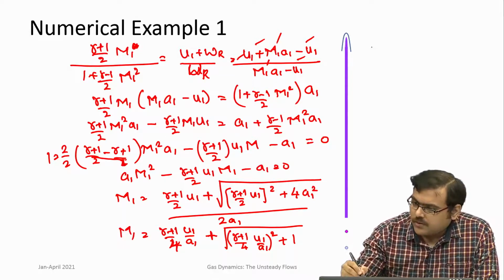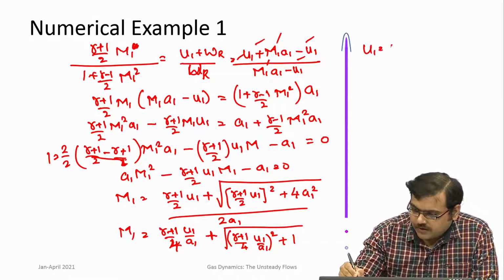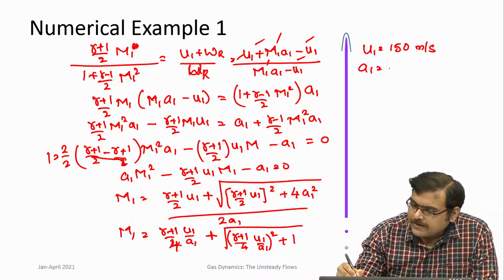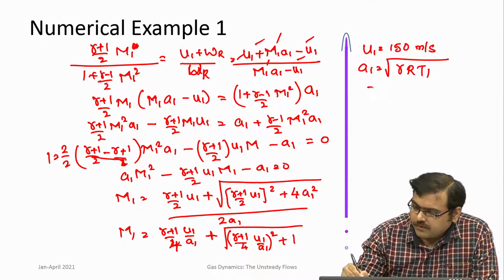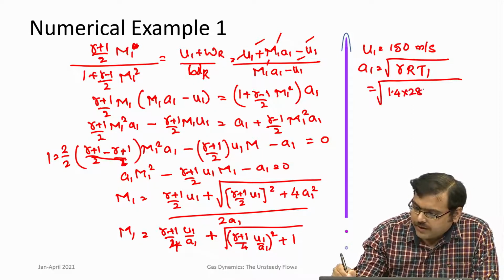Now in this we know u1 is known, 150 meter per second, a1 is square root of gamma R T1, for air 1.4 times 287 multiplied by 300.